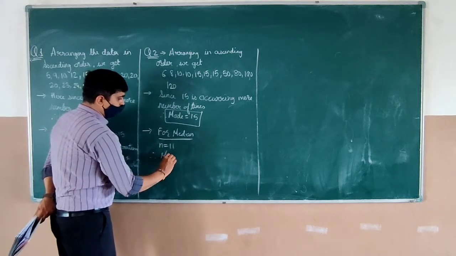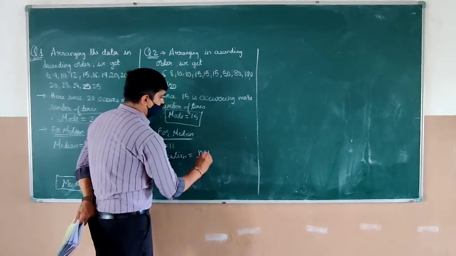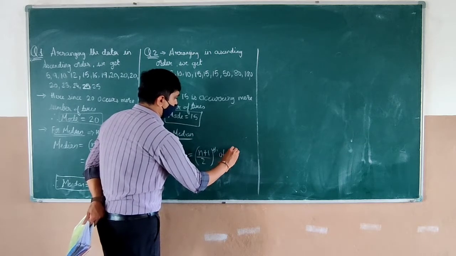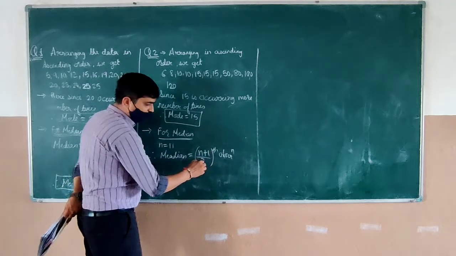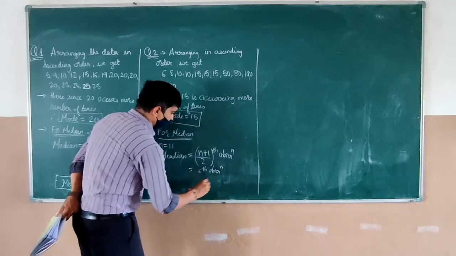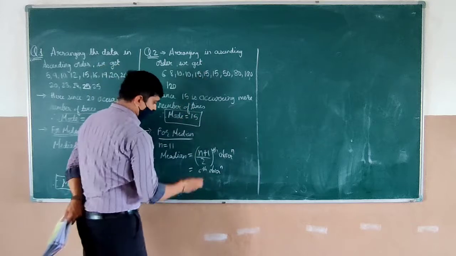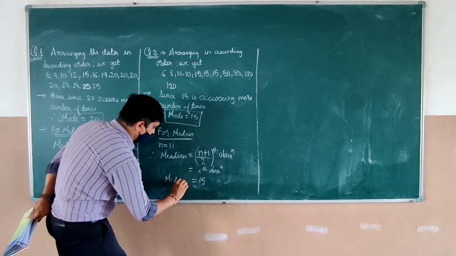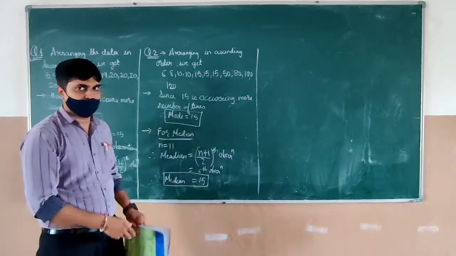Therefore median is equal to n plus 1 divided by 2 observation. 11 plus 1 is 12, divided by 2 is 6, the sixth observation. Which is the sixth observation? 1, 2, 3, 4, 5, 6. Here also by chance it is 15 only. Median and mode are not always the same.